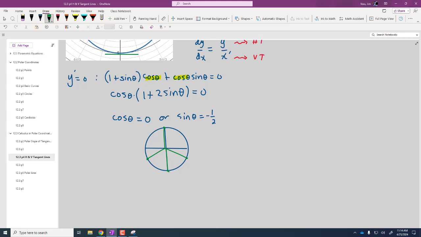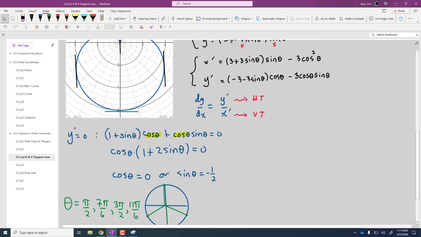So we have 4 angles between 0 and 2 pi where y prime is 0. Let's not write the general solution. The 4 are going to be pi over 2. What angle is that one? 7 pi over 6, 3 pi over 2, and 11 pi over 6. So those are the 4 angles between 0 and 2 pi.